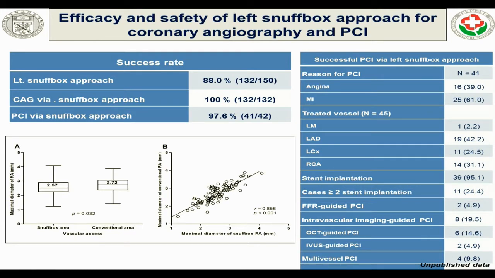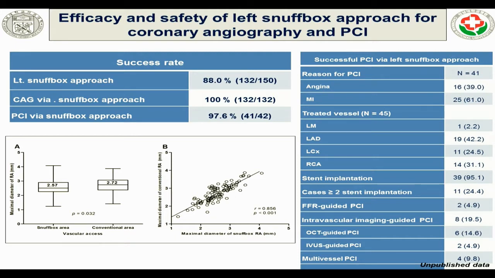As you can see, we compare the snuffbox and the conventional left radial artery diameter in the left lower side. The snuffbox radial artery diameter is 2.5, and the conventional is 2.7.